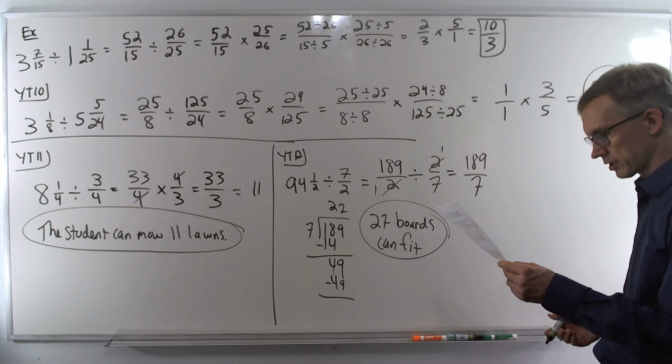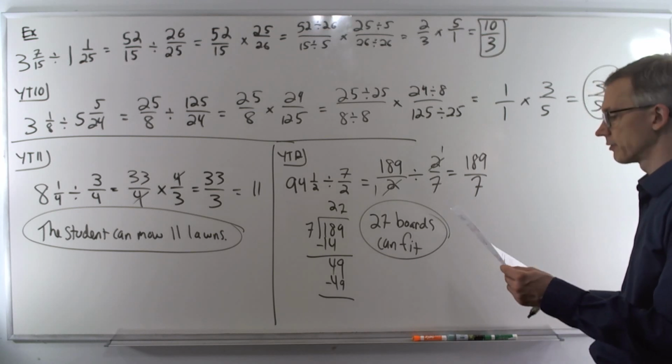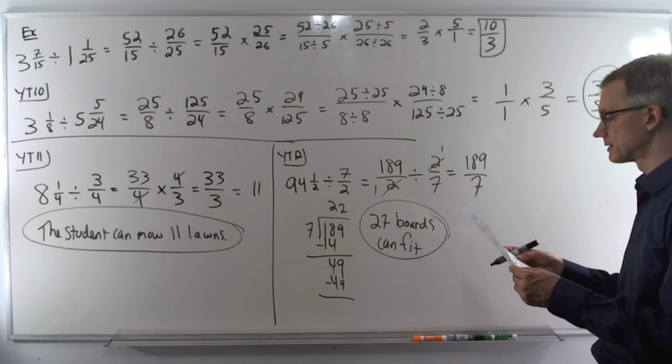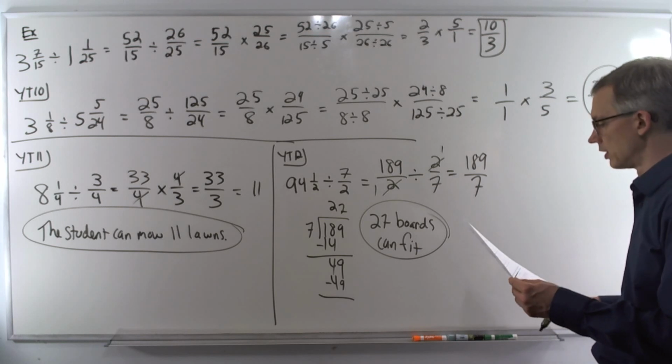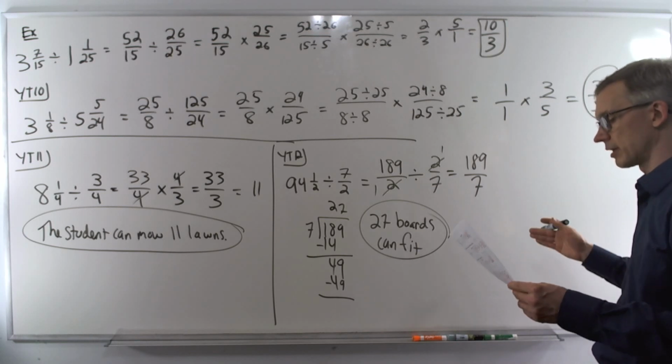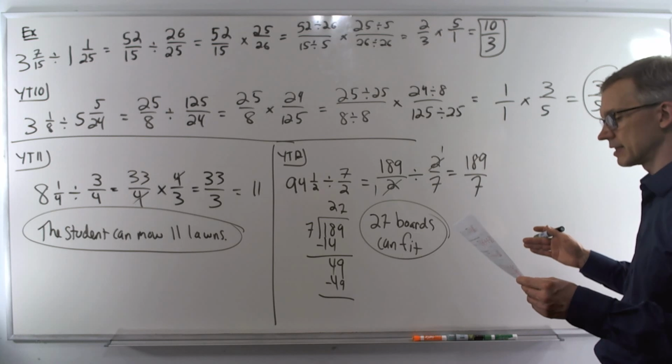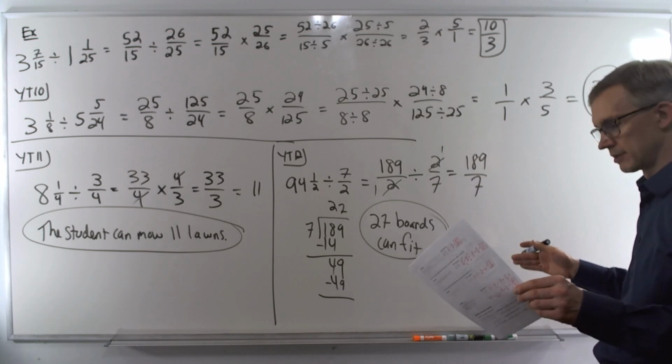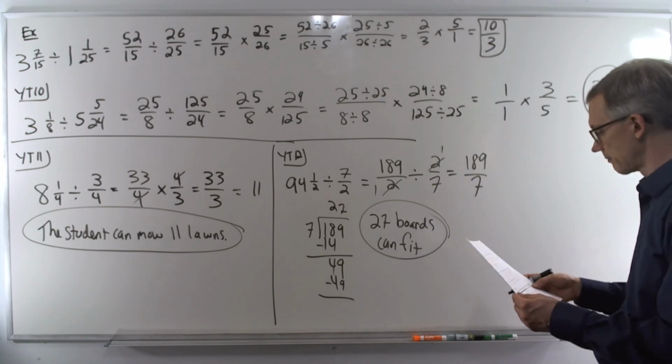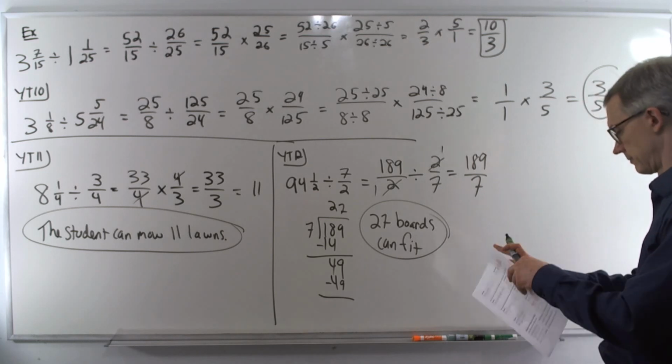Number 13, trucking. A trucker is trying to determine how many 3/8 inch pipes will fit on the rig. The width between the sides of the trailer is 96 3/4 inches. Determine the number of pipes that will fit in the rig.